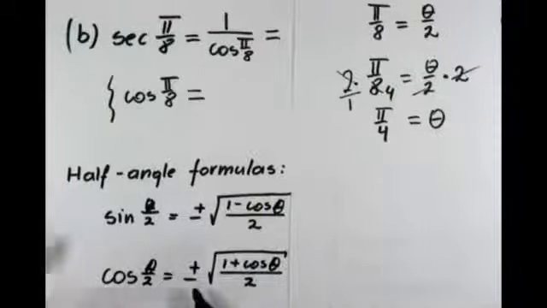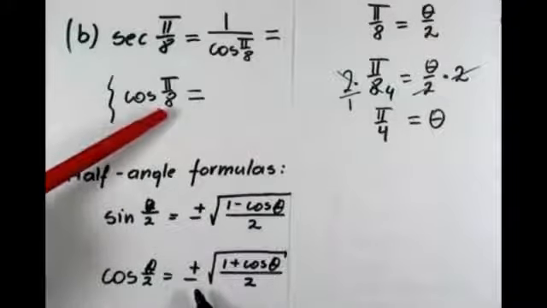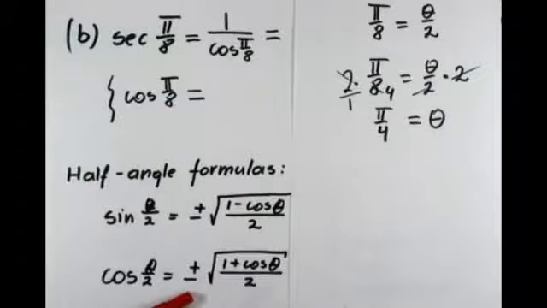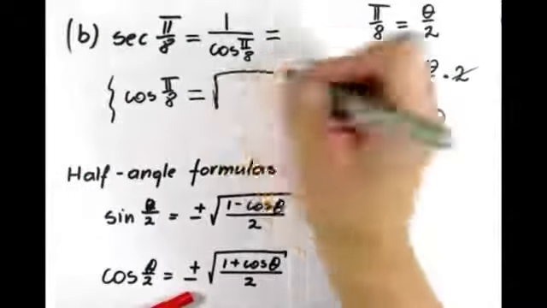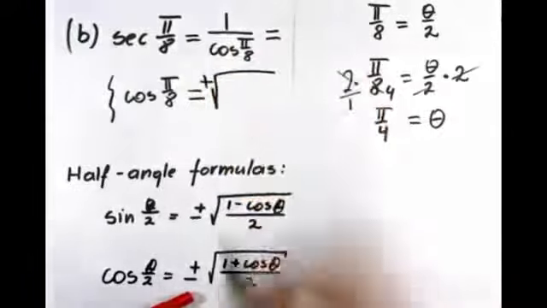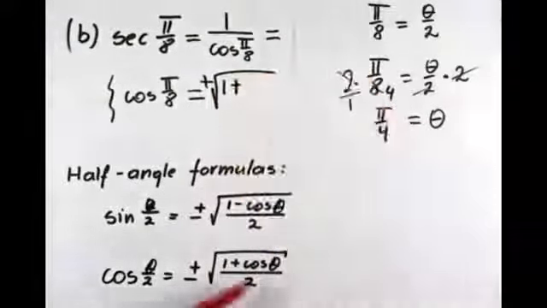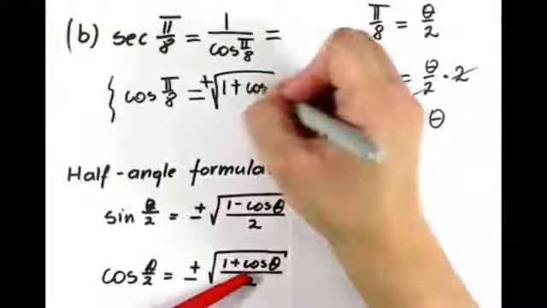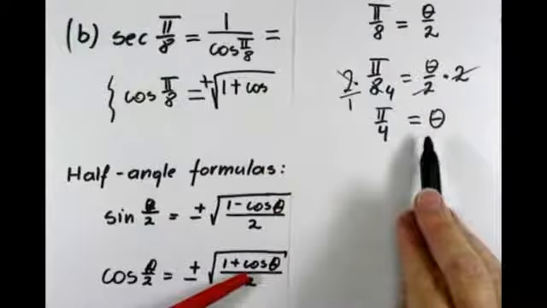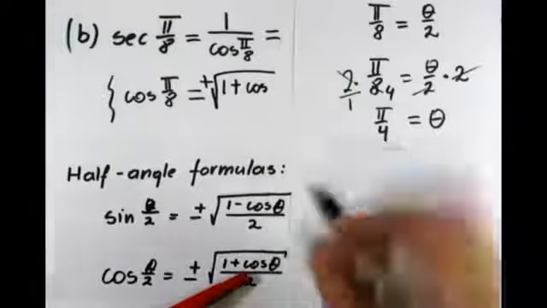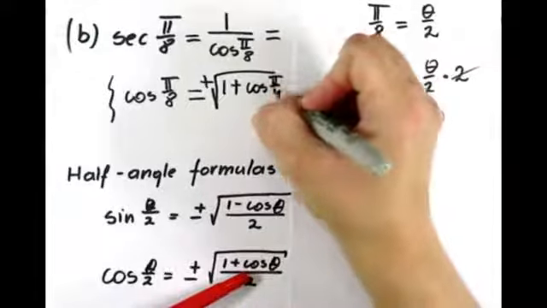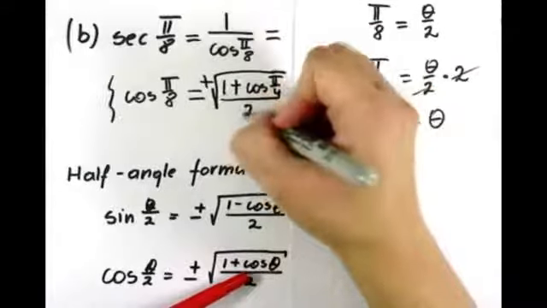Plus or minus depends on where the pi over 8 is. Pi over 8 is less than half of pi over 2, so it's in the first quadrant. We are choosing plus. So we will have plus square root of 1 plus cos theta, where theta is pi over 4, all over 2.